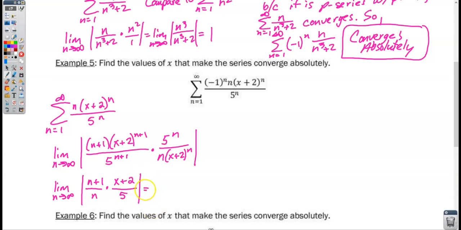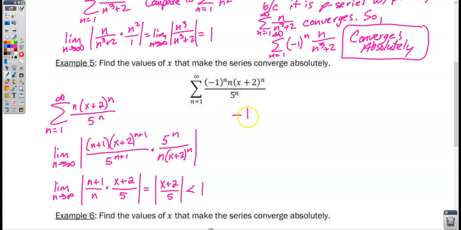The limit of this, as n approaches infinity, is the absolute value of x plus 2 over 5. Now, in order for this series to converge, using the ratio test, the result of this limit must be less than 1. That's the relationship we set up to determine when the series converges absolutely.